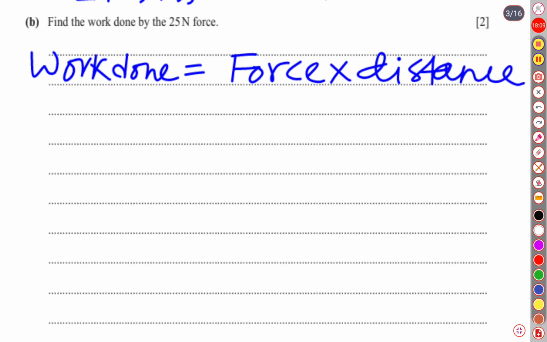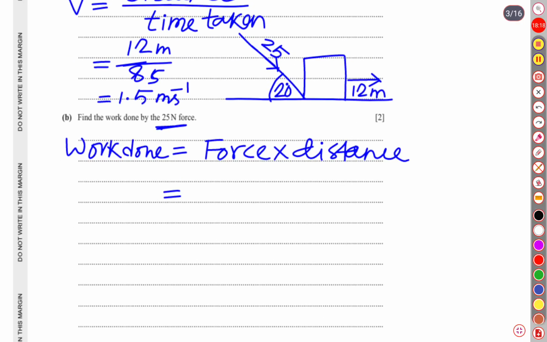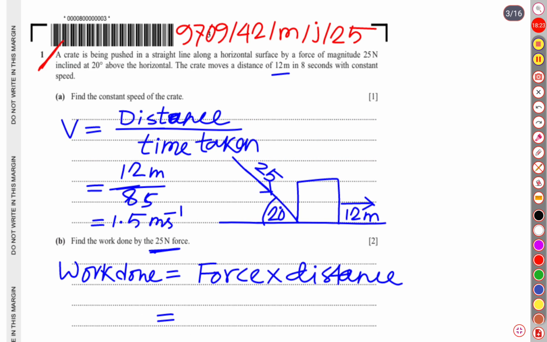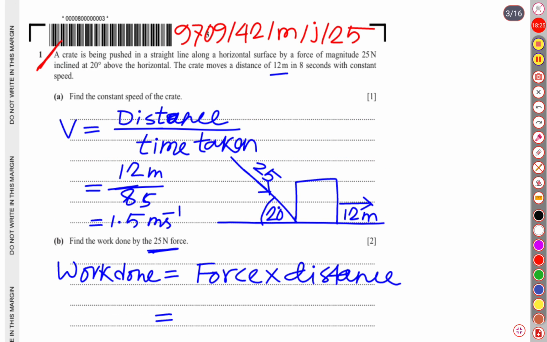Now the twist is you may get confused that the force is given 25 Newton, but look, they told that force is acting 20 degree above the horizontal. Look at this. It is a force of magnitude 25 Newton inclined at 20 degree above the horizontal. So it is not 25. It is 25 cos 20 degree. So this is the twist. Please don't get confused with this.